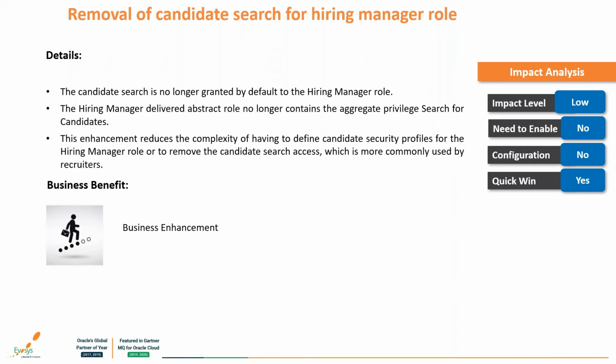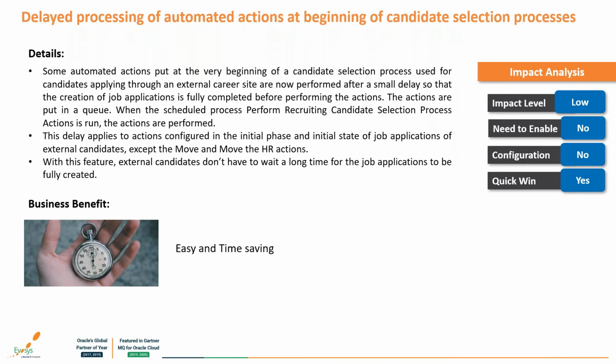Moving forward to the next feature, which is delayed processing of automated actions at the beginning of the candidate selection process. Some automated actions put at the very beginning of the candidate selection process, which are used for candidates applying through an external career site, are now performed after a small delay so that the creation of the job application is completed before performing the actions.